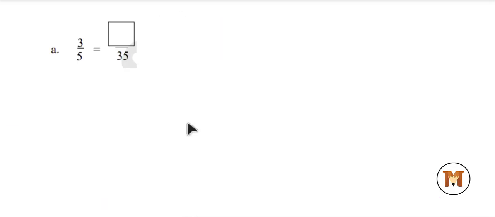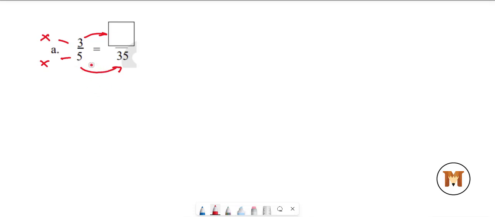Now when you have this kind of question, how can you work it out? The denominator has been given and the numerator you don't know. So you know the relationship between the numerator and the denominator. If you are multiplying the denominator, you need to multiply the numerator by the same number.